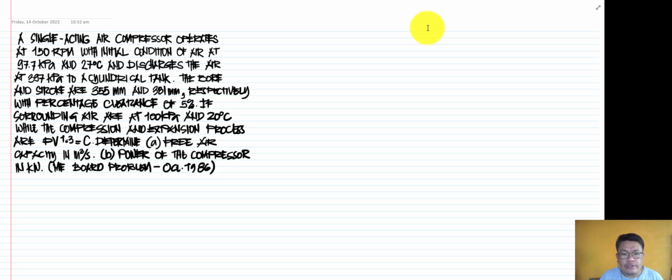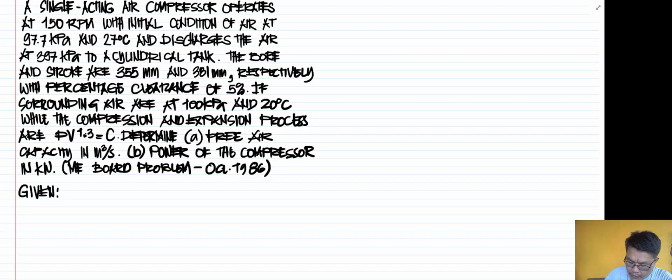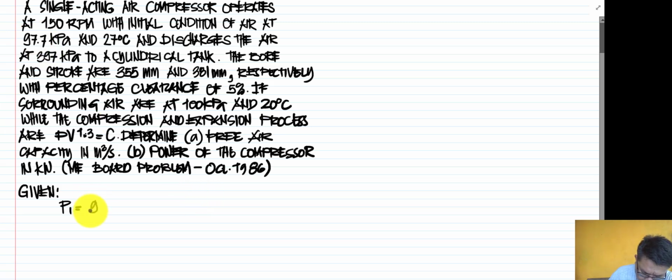Right, so let's try to list down what are the given and the problem so that we can determine what will be the equation that we'll be using on this problem. So for our P1, that is the initial pressure, so that will be 97, no?